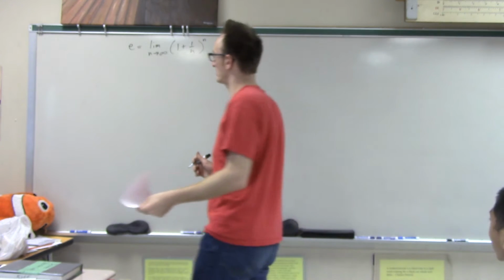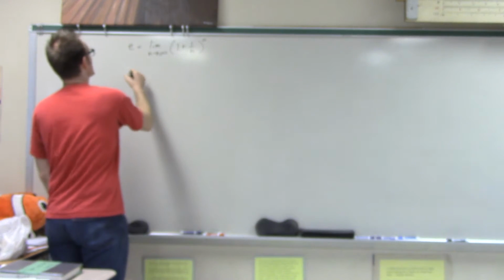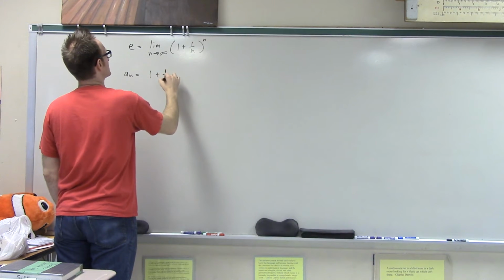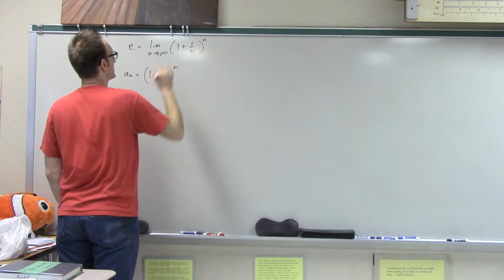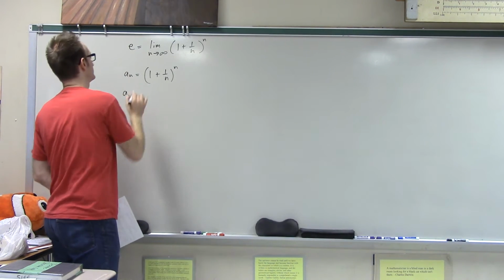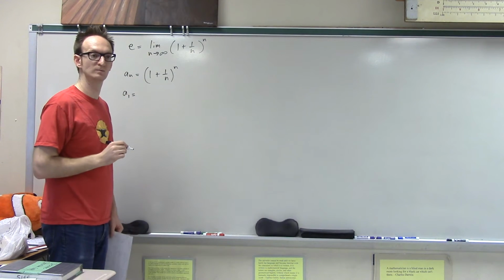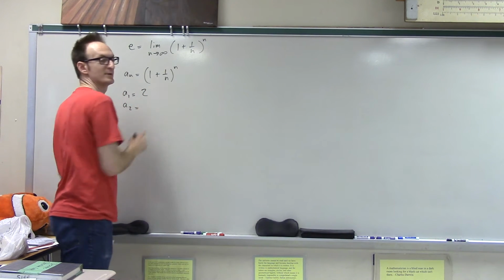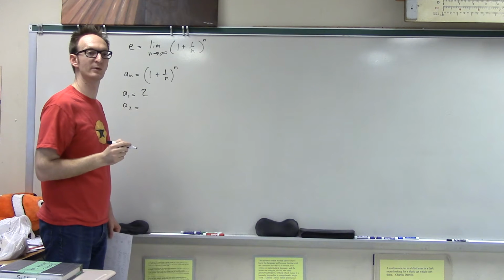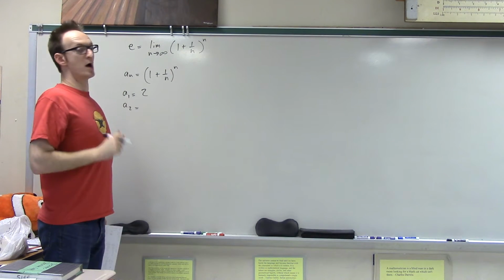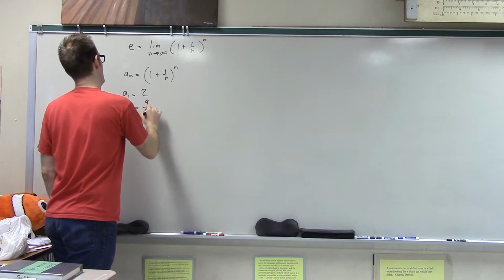Certainly you can define a sequence, let that sequence be (1 plus 1 over n) to the n, and investigate what happens to it. So what's A1, for example? 2. That's consistent with the amount of money you have at the end of the year if you're investing at 100% interest for 1 year. What's A2? 9/4.